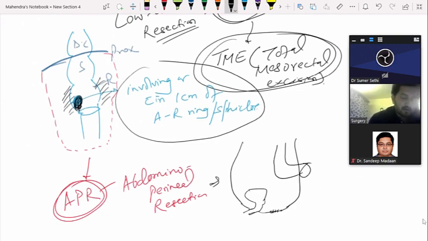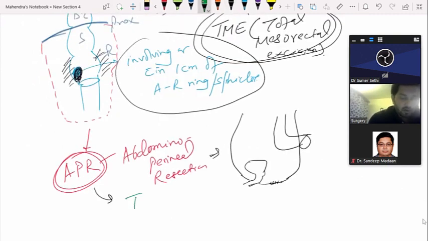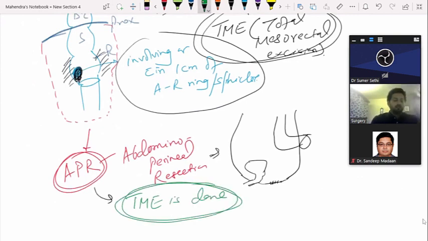In APR also, TME is done. Okay, so now you tell me first, have you understood what is anterior resection, what is low anterior resection, what is APR, what is the meaning of TME, total mesorectal excision.